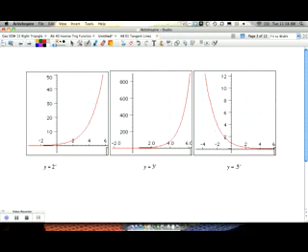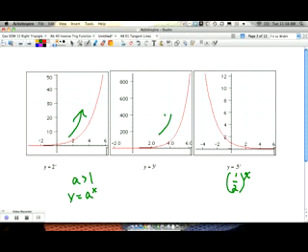First of all, here's some pictures of exponential type functions: 2 to the x, 3 to the x, and 0.5 to the x, also known as 1/2 to the x. Something that you will notice immediately is that when a is greater than 1, because y equals a to the x, it's going to grow up, up.